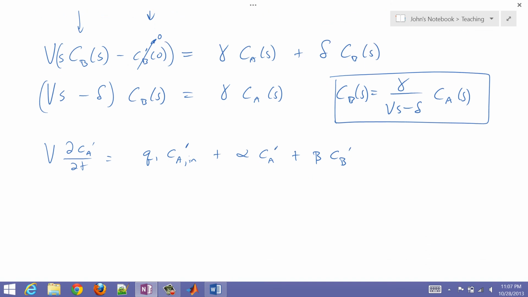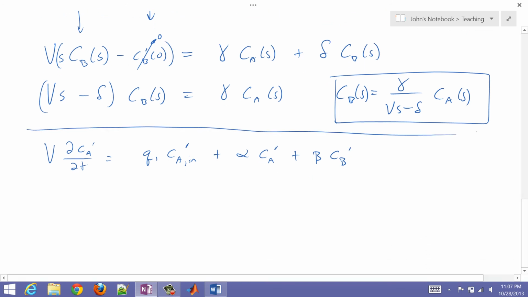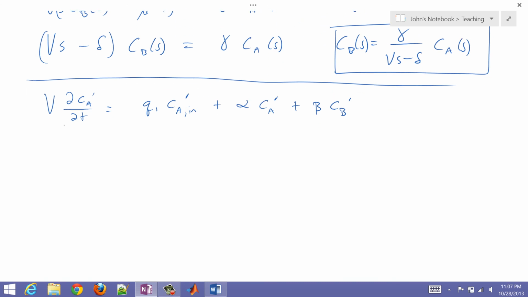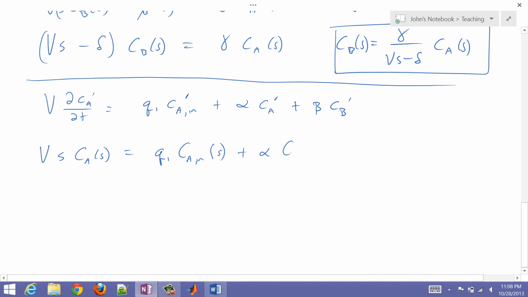Let me bring this one into the Laplace domain. So that is V times S times CA of S equals Q1 CA in of S plus alpha CA of S plus beta times CB of S. Now I have this CB of S that's going to come from there.